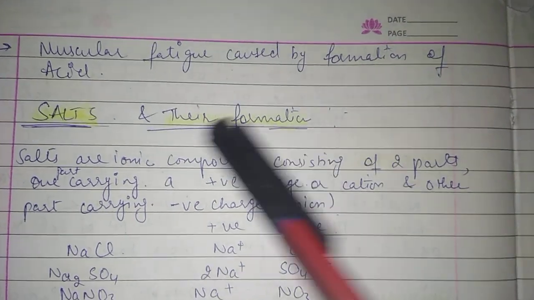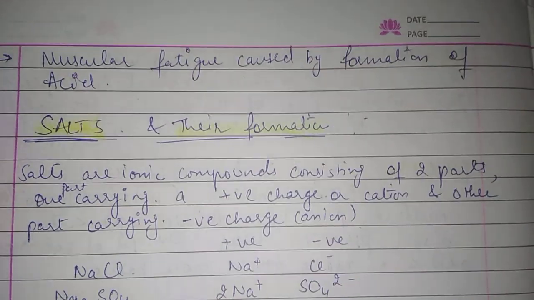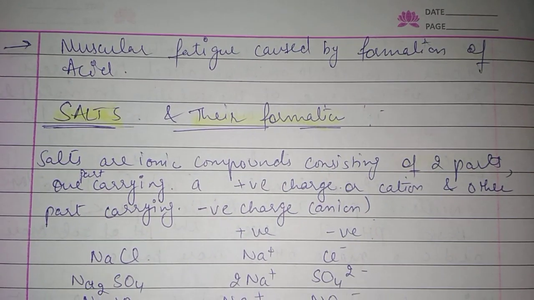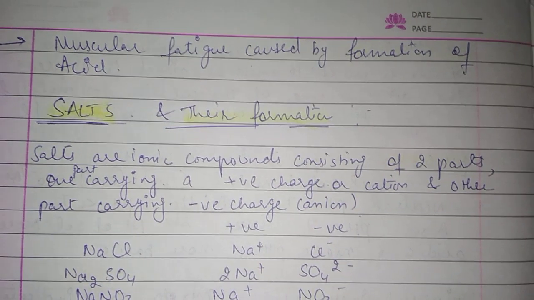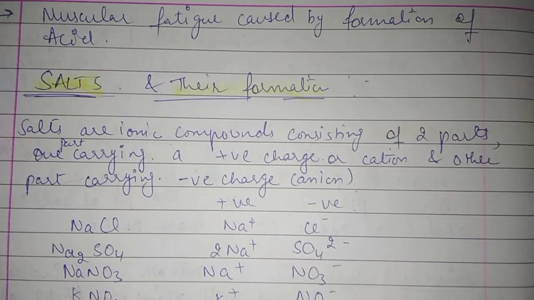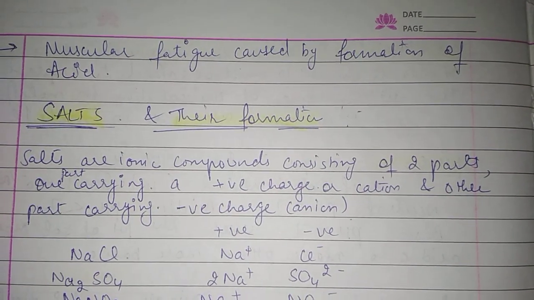And the last is muscular fatigue caused by the formation of acid. Now students, what do you mean by muscular fatigue? See, when we are doing heavy exercise, after the gym, after a race, after running, our muscles start aching.